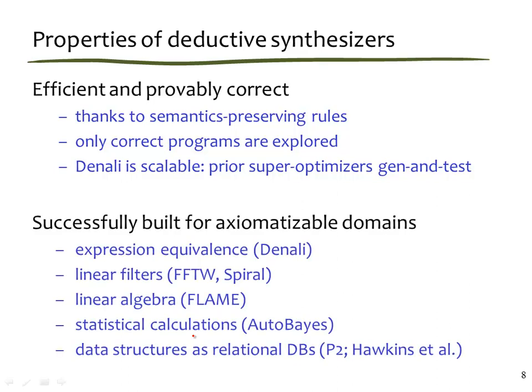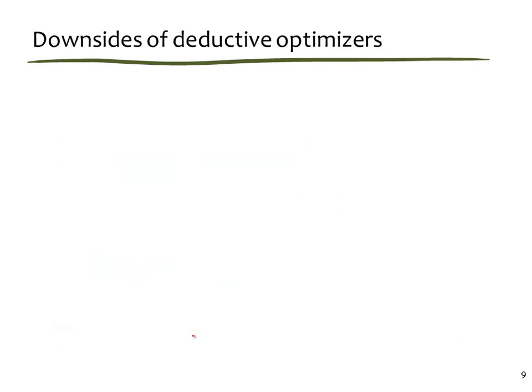And indeed, such synthesizers have been built for domains that are axiomatizable. So linear filters, linear algebra, statistical calculations, and data structures phrased as a relational algebra on which we know how to do query optimization. So wherever a theory exists, these optimizers are probably the right way to go. Now, what is the downside?